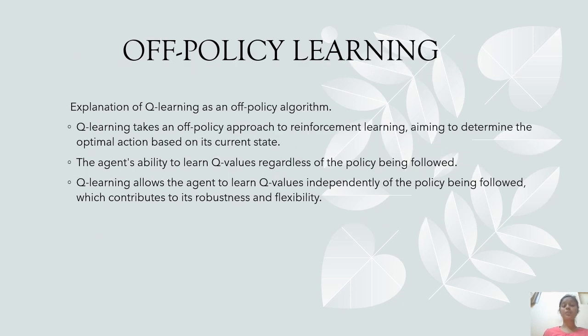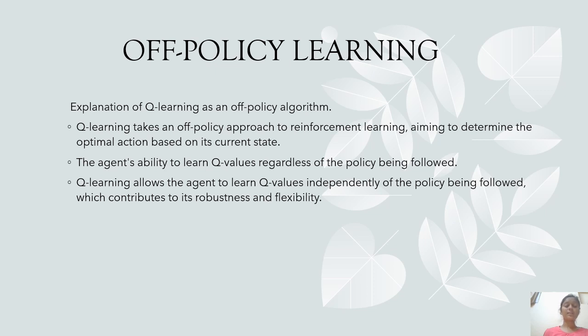Then we go to off-policy learning. Explanation of Q-learning as an off-policy algorithm. Q-learning takes an off-policy approach to reinforcement learning, aiming to determine the optimal action based on its current state.